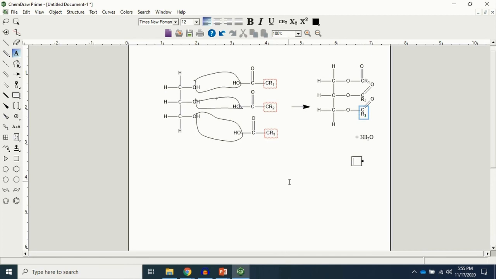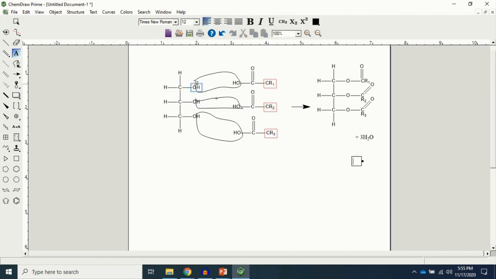That is how we convert a regular edible oil. I remove this large glycerol molecule and substitute it with methanol, and that whole process is also called derivatization.